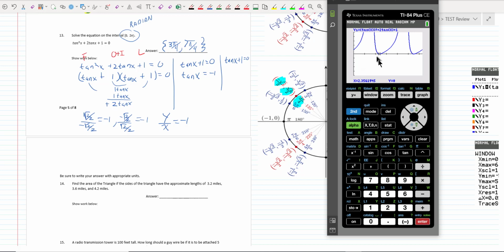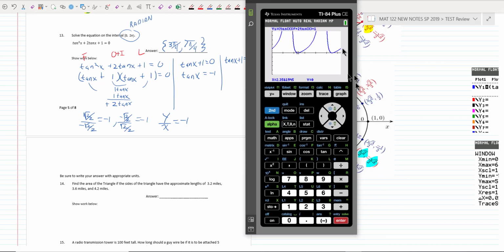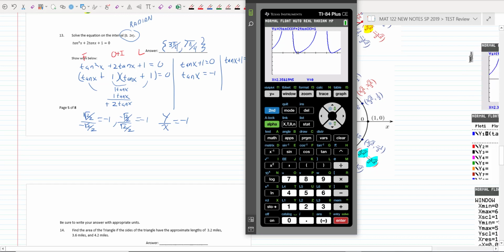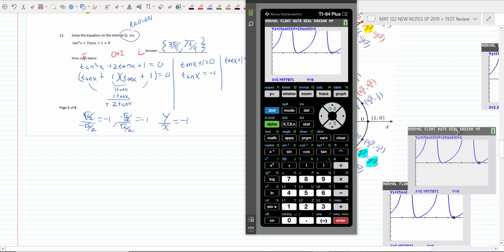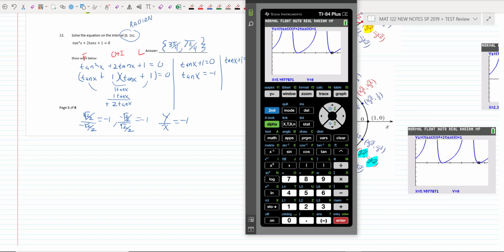And it does, so that verifies that answer. Okay, and then the second answer is 7 pi over 4, so if I trace at 7 pi over 4, that'll verify that answer. See, that's giving the y value like that. So that's how you can check and verify everything until you're right.